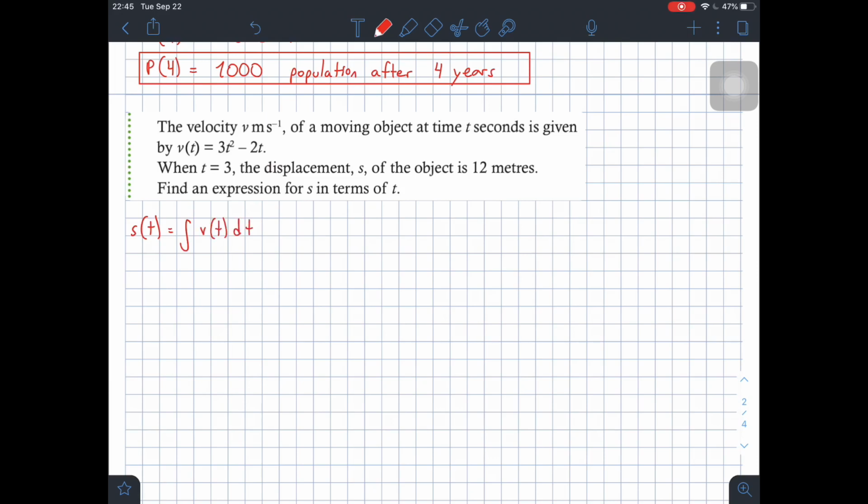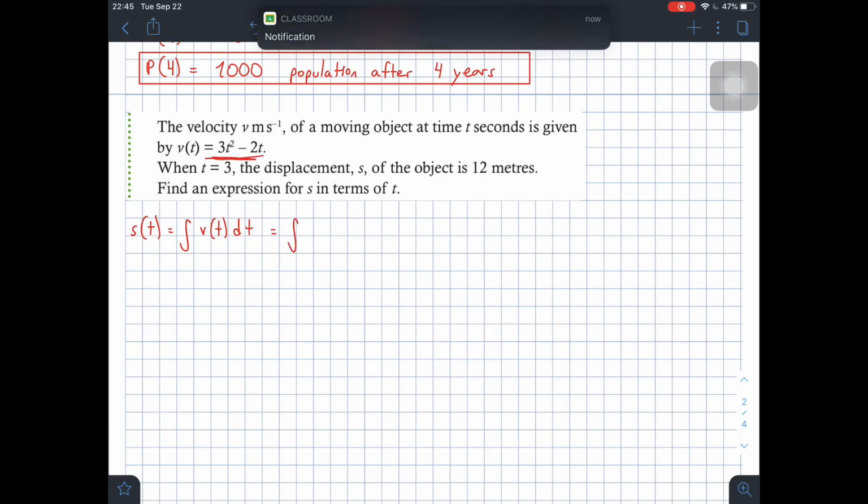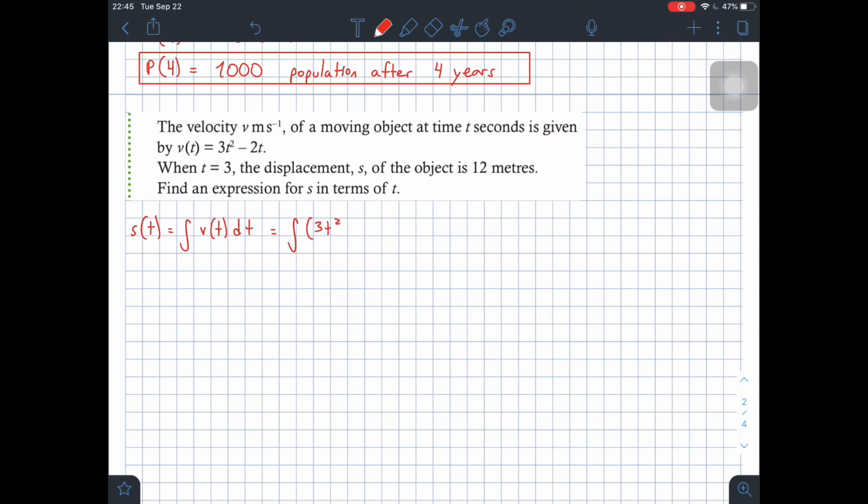We need to find the integral of 3t squared minus 2t dt. So we find this integral, and this would be equal to 3t cubed over 3 minus 2t squared over 2 plus c.